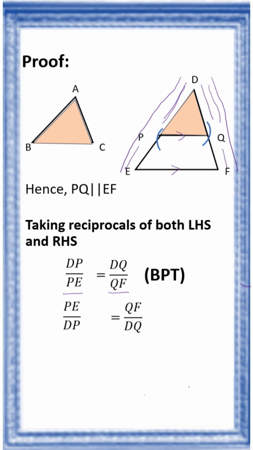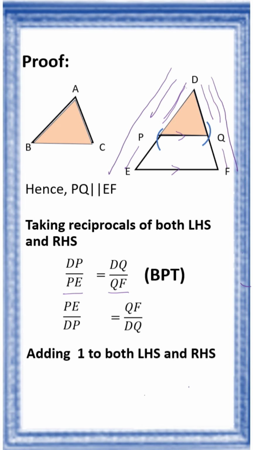In order to get the result, that is DP by DE, we have to add 1 to both LHS and RHS. See, here in the numerator you will get PE plus DP.